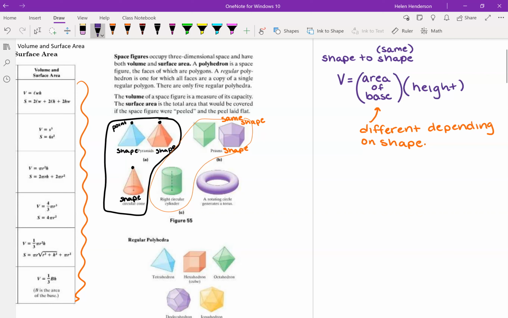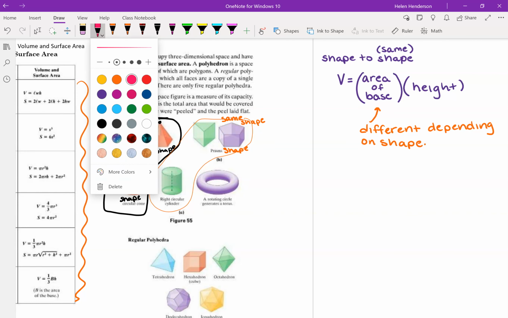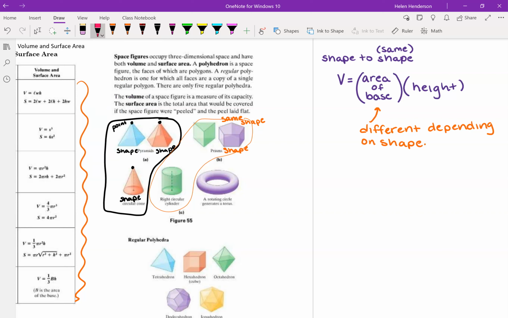Now, what if you are having a cone or a pyramid? So when your figure is shape to point, I think everyone would agree that the volume is smaller than if it was shape to shape.